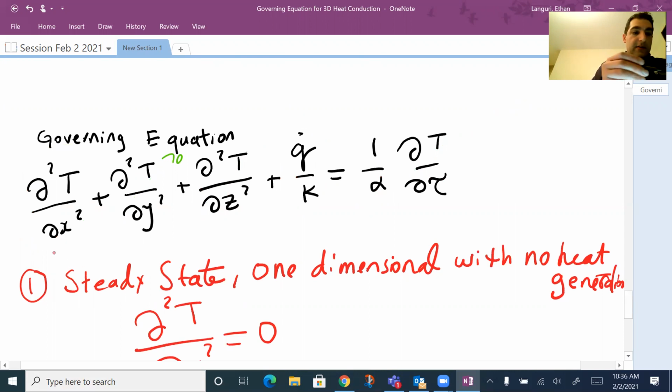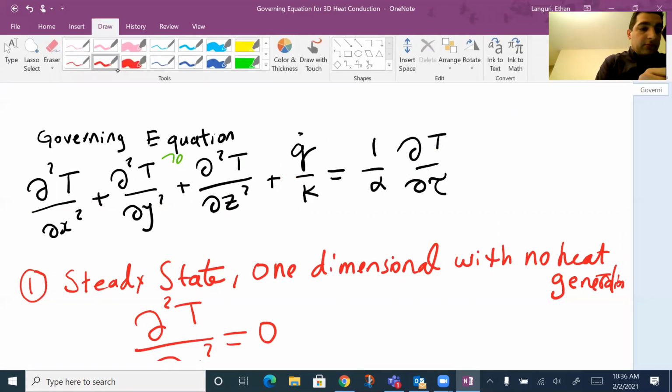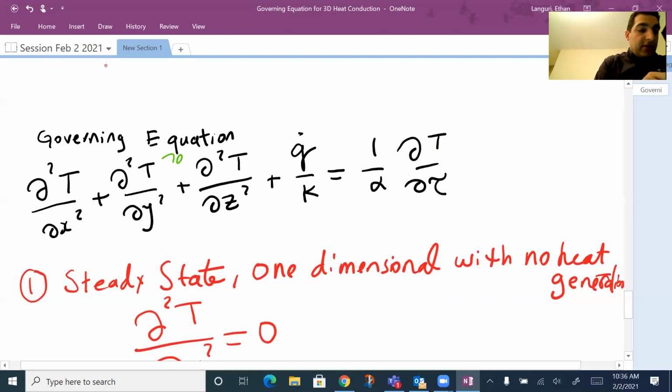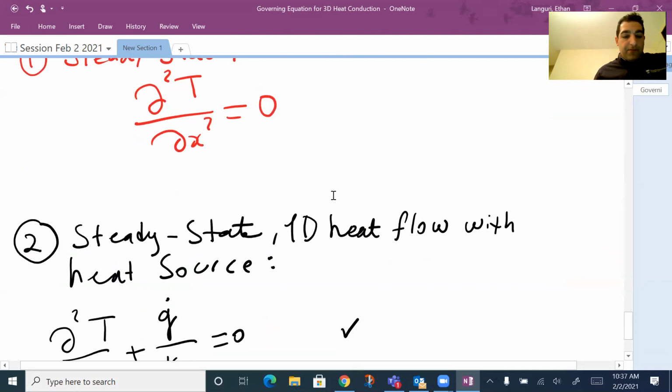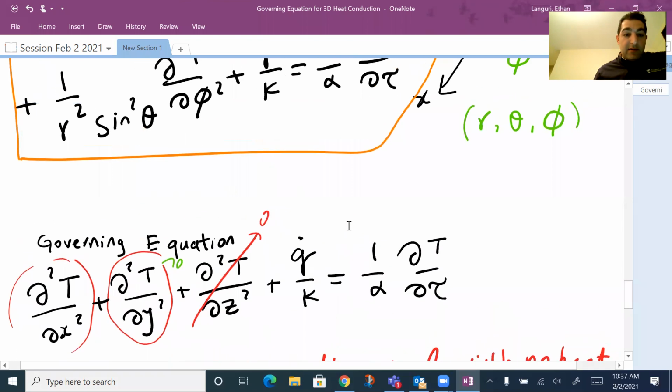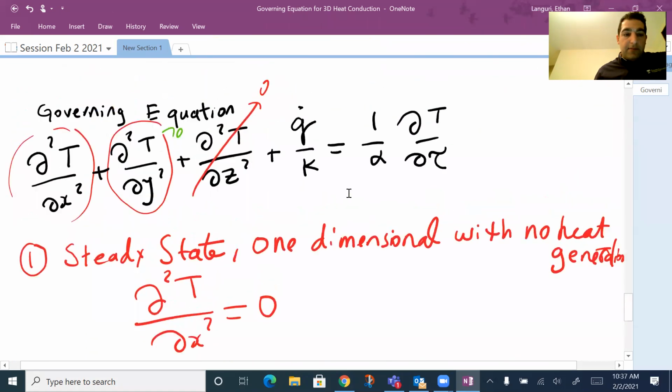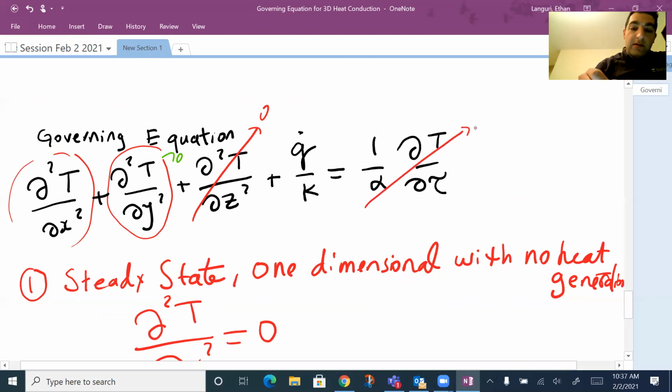In this case, it's 2D, so I'm going to keep x and y. Again, this is optional. You can keep x and z or y and z, it doesn't matter at all. So let's drop the third one, z. Still, it's a steady state, so it's not transient, and I'm going to drop the transient term.